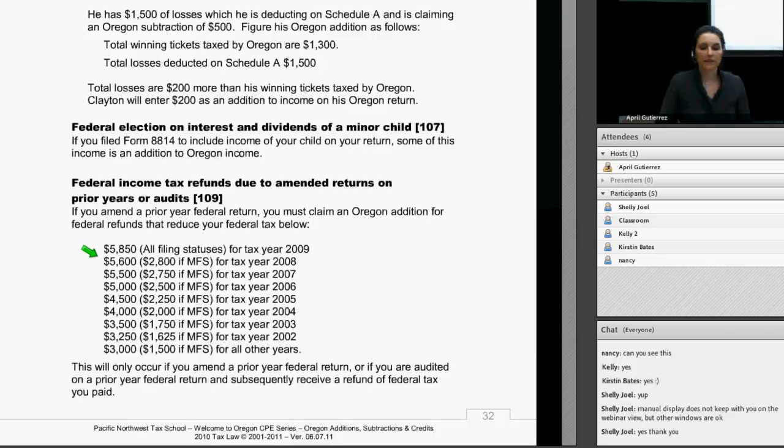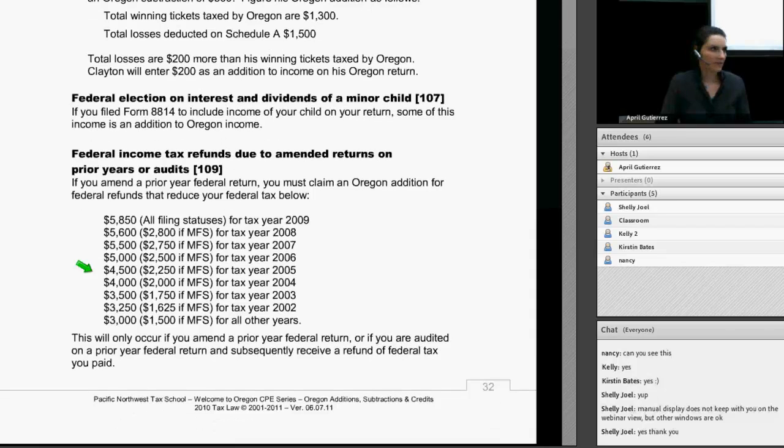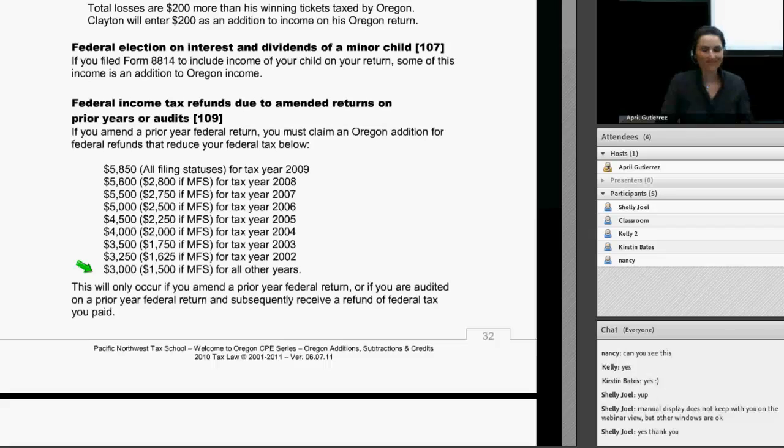So for 2009 and 2010, the federal tax subtraction is the same, and is also the same for all filing statuses. For 2008 and earlier years, the federal tax subtraction has been progressively less as you go back in time. And for all earlier years, 2008 and earlier, the married filing separate federal tax subtraction was half that of joint. And beginning in 2009, it pays to file separately on Oregon in that regard.